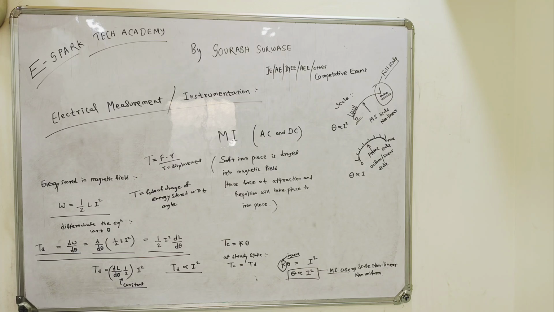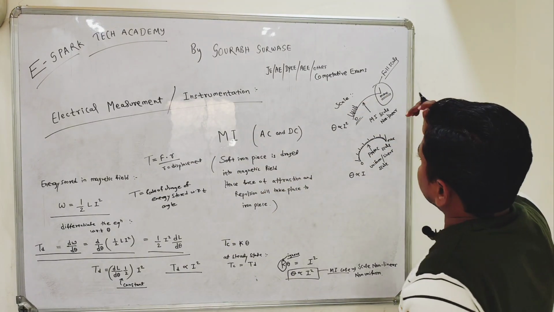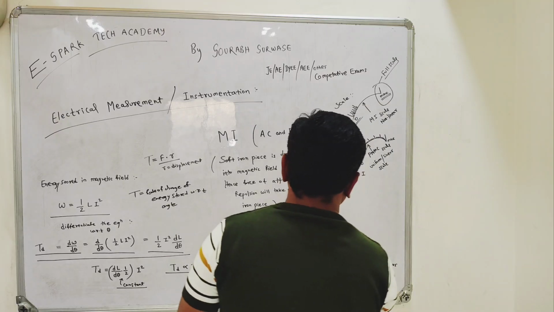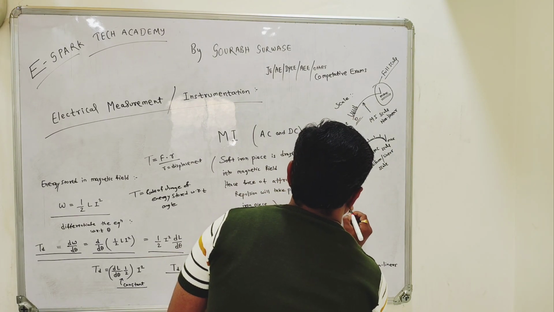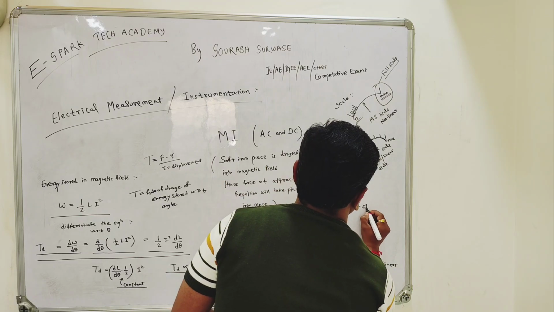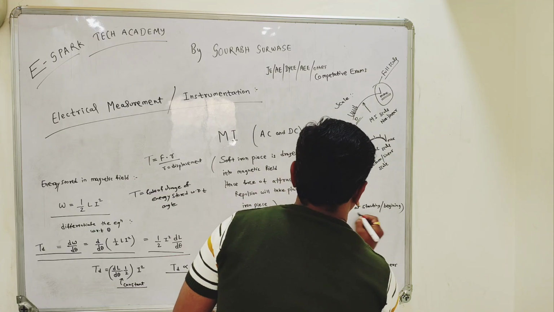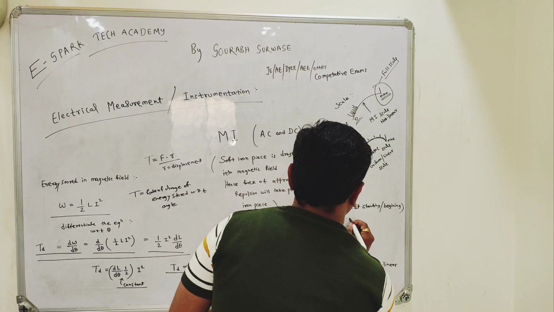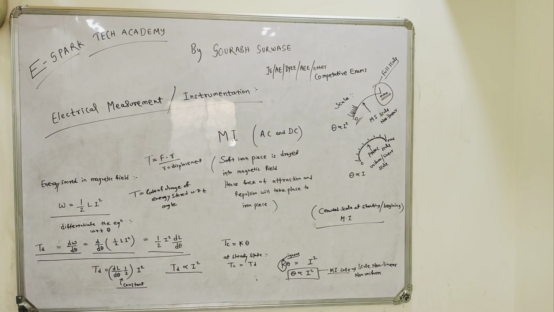And also the scale is non-linear in the starting phase, and it is also known as crowded scale at starting or beginning for MI. Please note it down because it will be asked in exam in MCQ also.